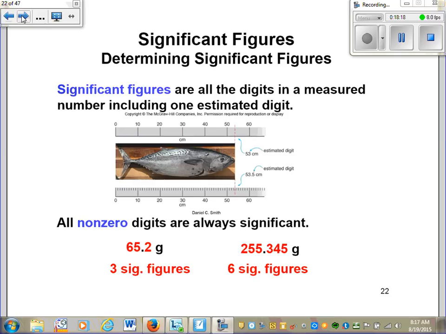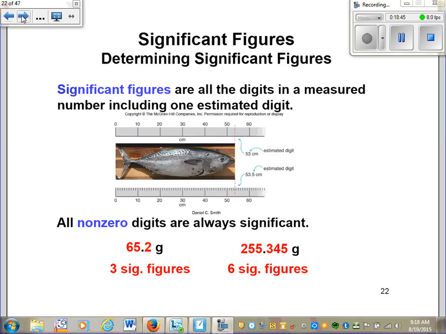And we know it's less than 60. In between, we have to estimate. Now, depending on where you're sitting in the room and what view you have, you might say it's 53. You might say it's 54 or 52. We have 53.